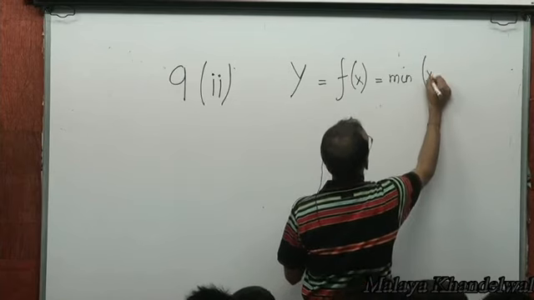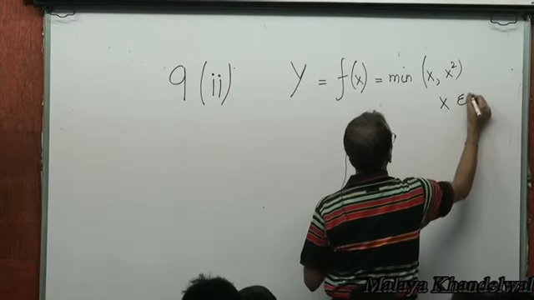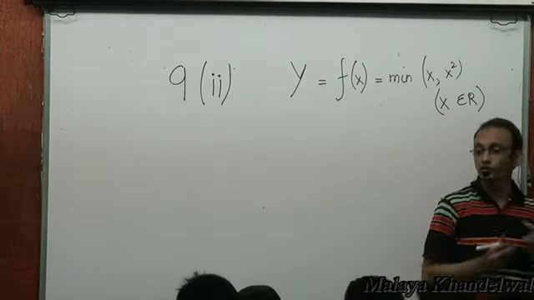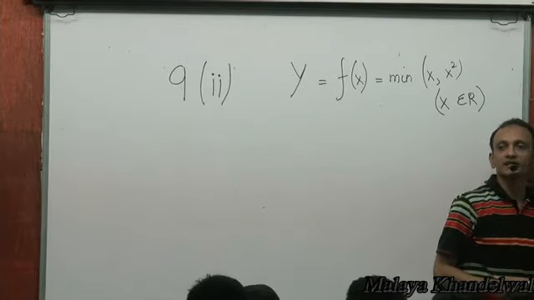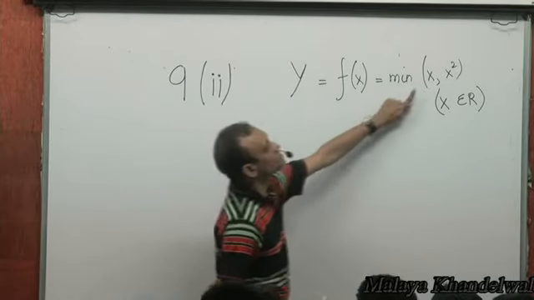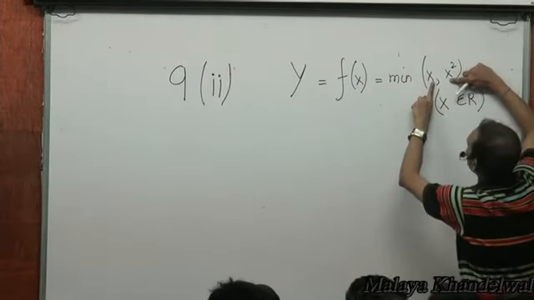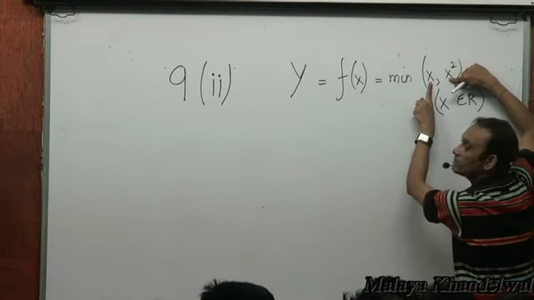Minimum of x and x squared. This again is a very commonly occurring format. Have I told you how to draw the graph of this? What you do is, these are two functions, x and x squared. For any given x, one of them will be larger, the other one will be smaller.